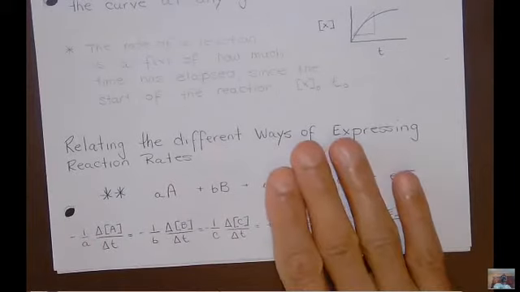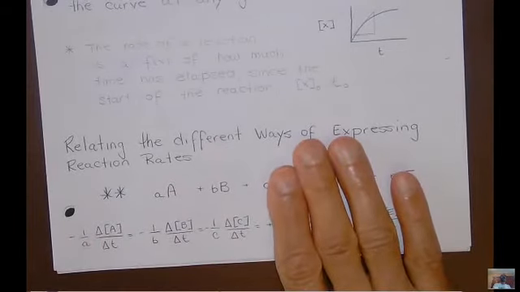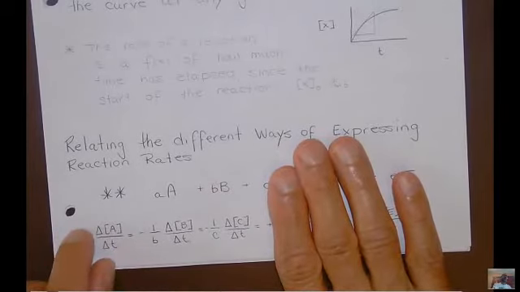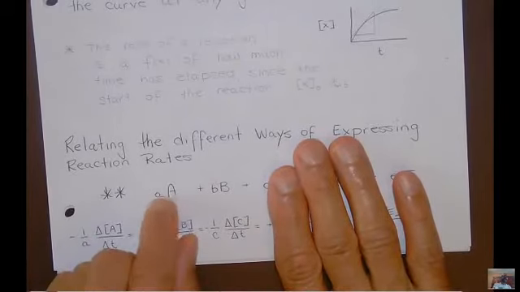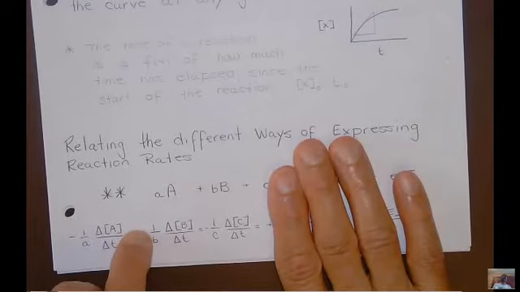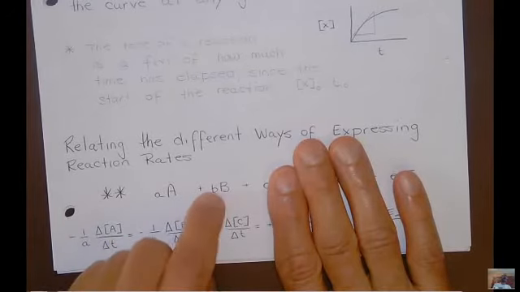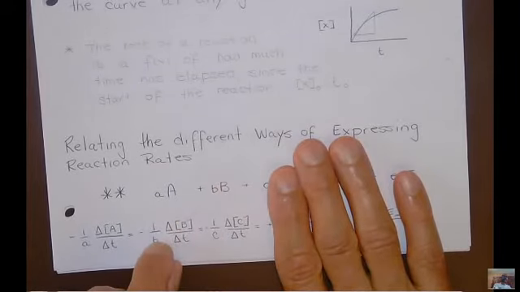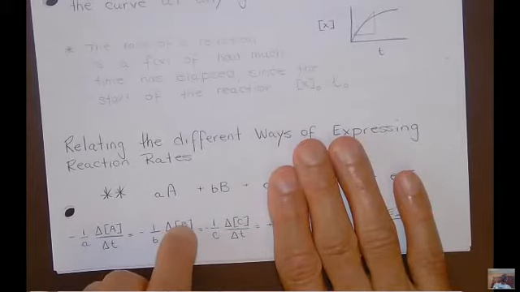So for a second, let's just concentrate on A and B. The way this works is minus 1 over the coefficient. So if, let's say this was a 2 here, I'd put a 2 down here, times the change in the concentration of A with time is equal to minus 1 over the coefficient of B. Let's say that was a 3 here, I'd put 1/3 times the change in concentration of B with time.